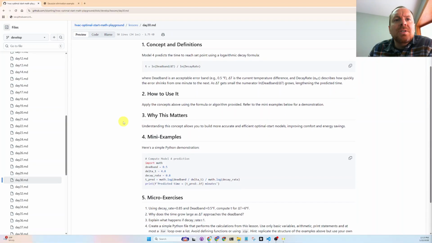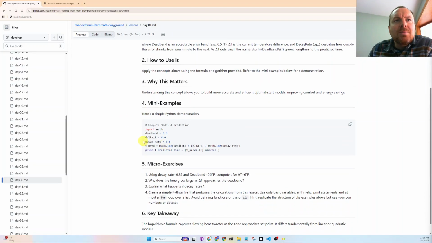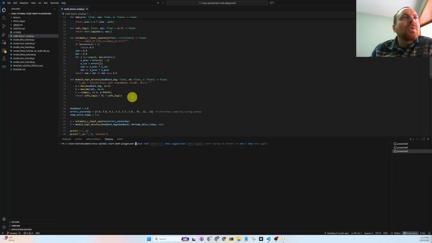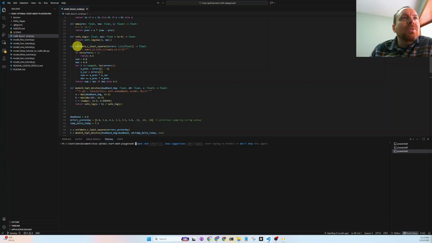So we actually did this before. We went deep into the weeds on how they come up with this decay rate. And this is pretty much the nuts and bolts of Model 4. But this was the complicated part. If you remember, this was our Python script in estimating C, the least squares regression form.